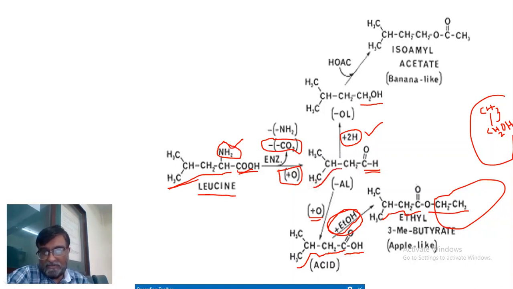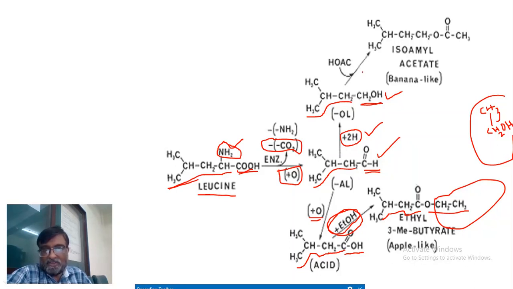Only changes take place at that point. So you know that it was an aldehyde substance. Now that is converting into alcohol, CH2OH, OH meaning alcohol.